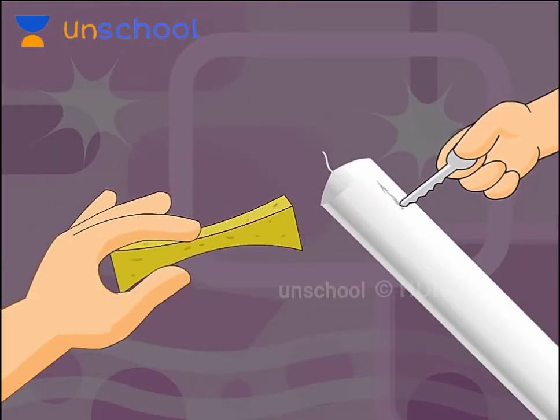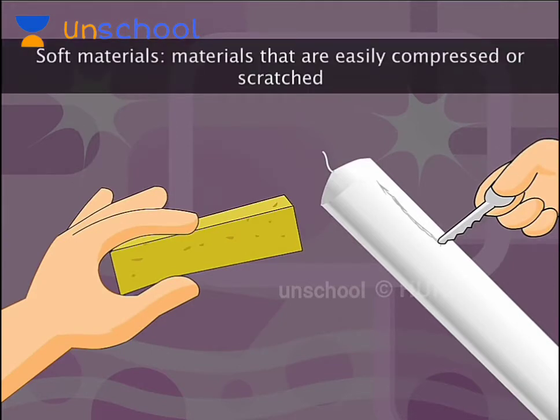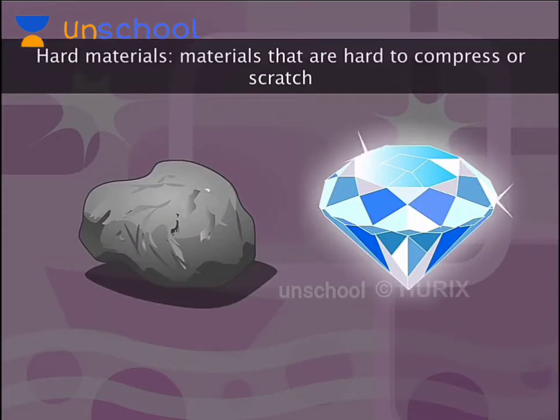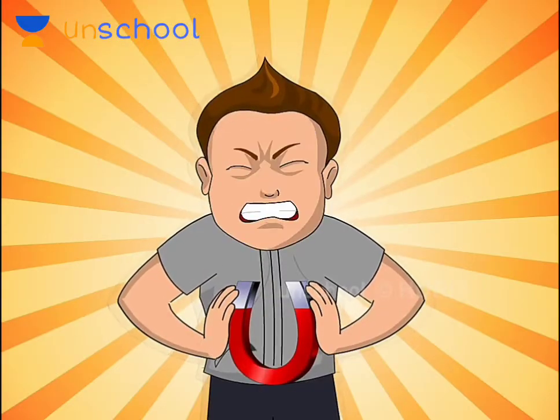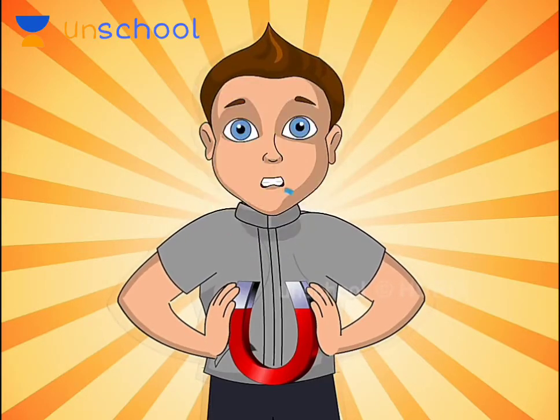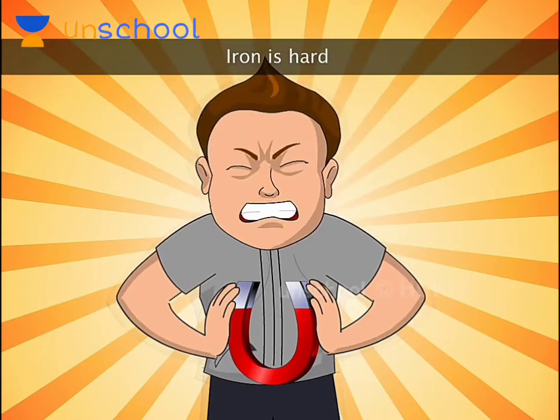You may have noticed that some materials are easy to compress or scratch. These are soft materials. Materials that are hard to compress or scratch are hard materials. You cannot compress iron the way you can compress sponge or cotton, because iron is a hard material.